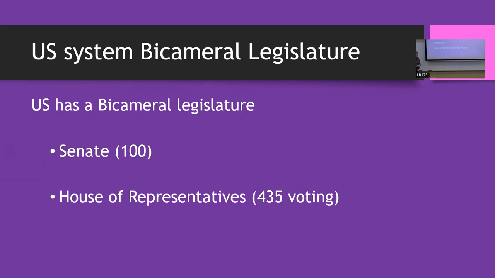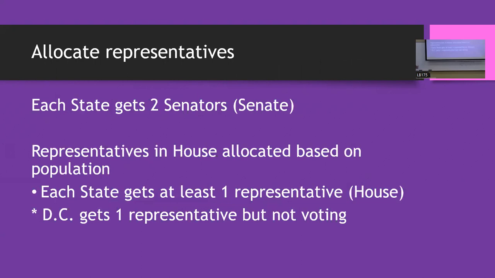And in the Senate, each state gets 2 senators. Now, the House of Representatives, those 435 voting members, are based on population.